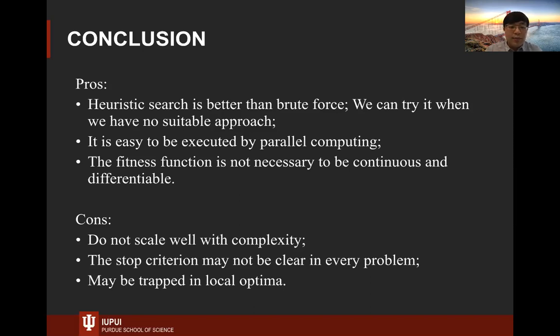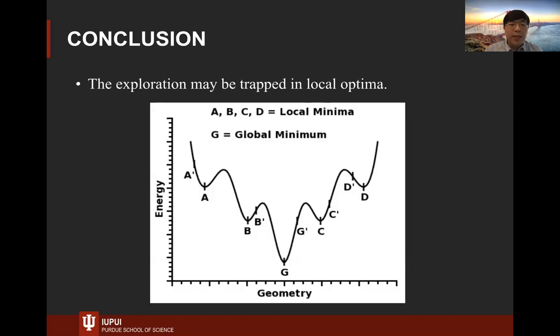And the last but not the least, the exploration may be trapped in the local optima. I borrowed a figure from the internet to help you better understand what that is. In this figure, you can see the only global minimum is the G point, and the rest, A, B, C, D points, are local minima.